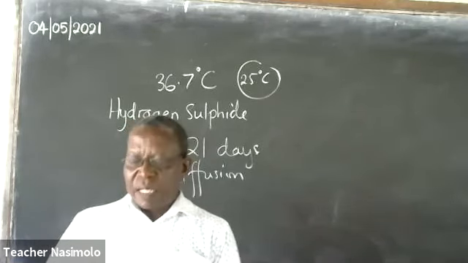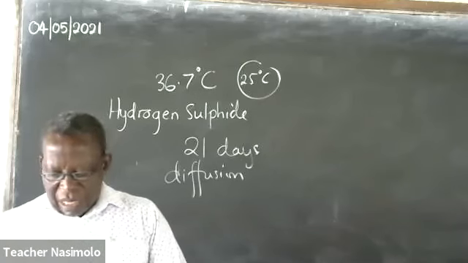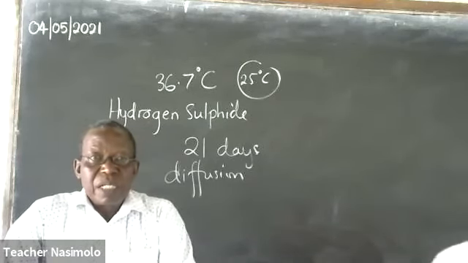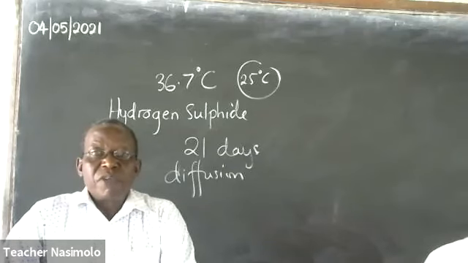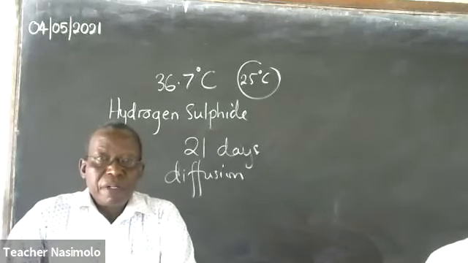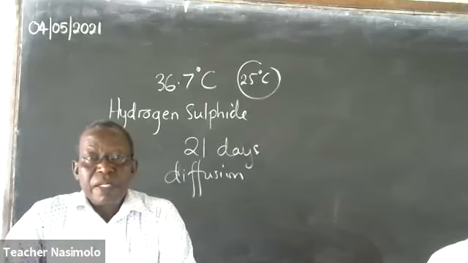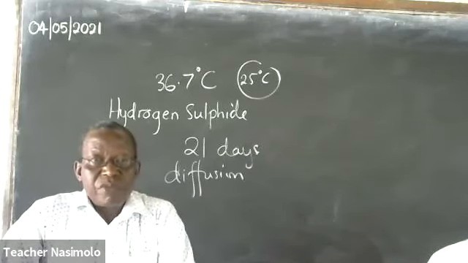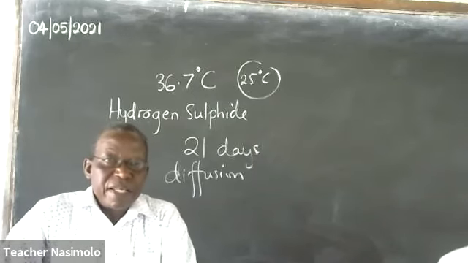Now, you see, chemical reactions. There are those chemical reactions which happen with loss of heat, and then there are those which happen with gaining of heat.